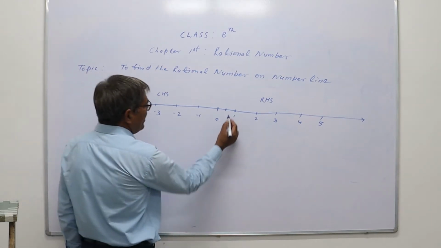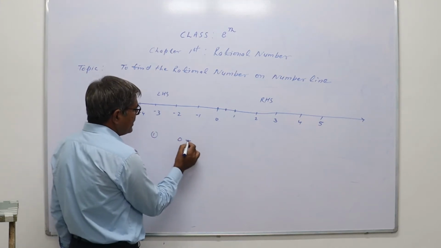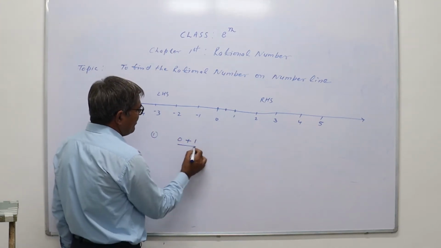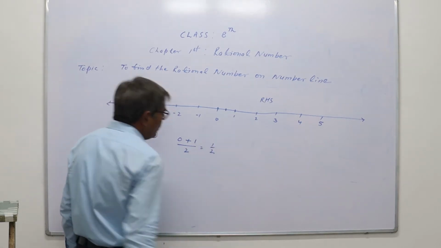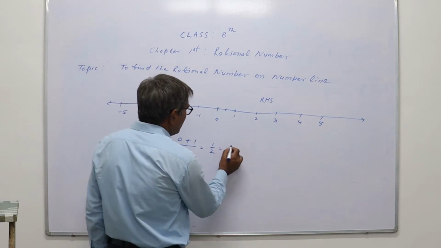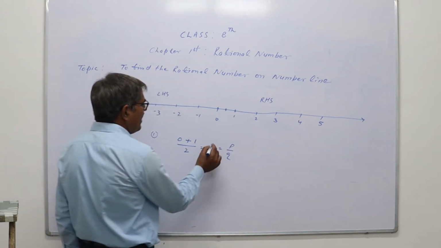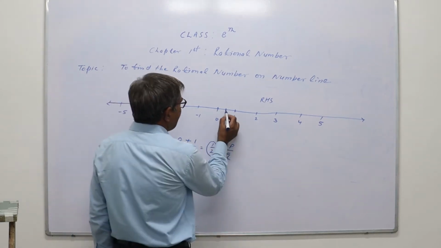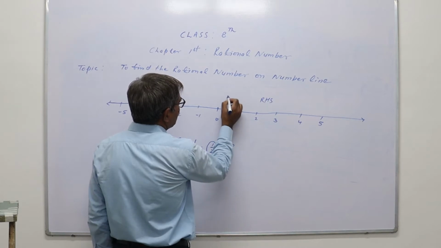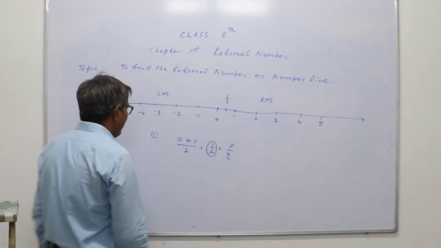To find the midpoint of 0 and 1, we add 0 and 1 and divide by 2. So this 1 by 2, that is P by Q, where P is 1 and Q is 2, is one rational number and it lies at this point. We will mark this point as 1 by 2.